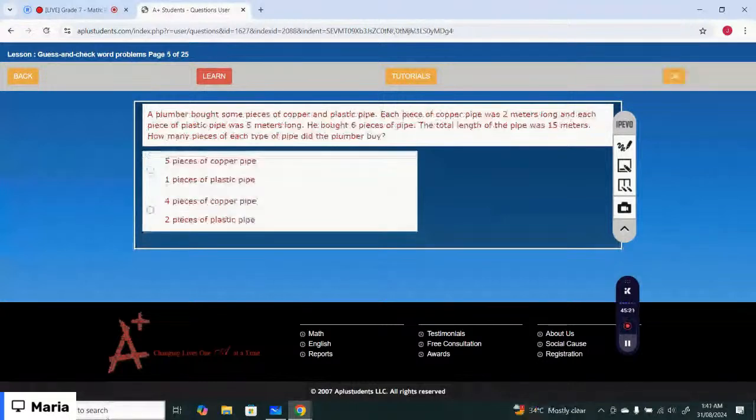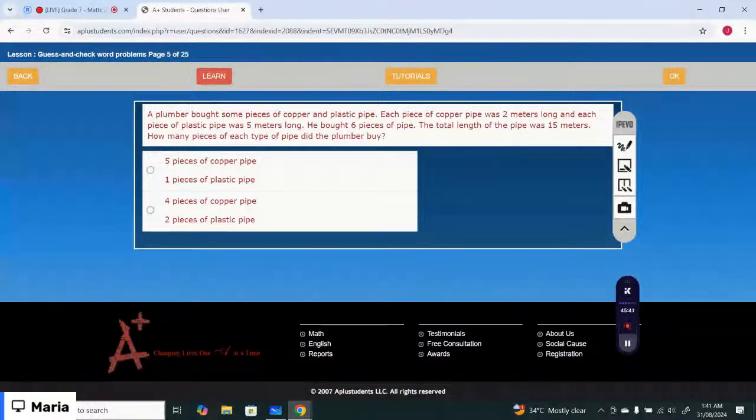A plumber bought some pieces of copper and plastic pipe. Each piece of copper pipe was 2 meters long and each piece of plastic pipe was 5 meters long. He bought 6 pieces of pipe. The total length of the pipe was 15 meters.